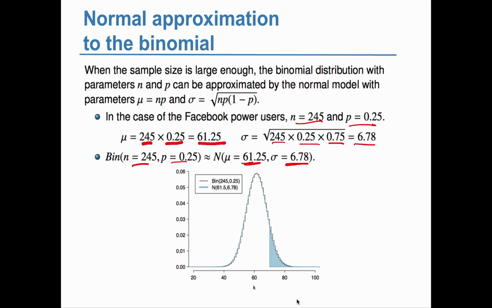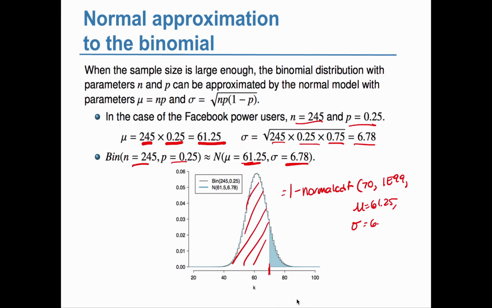So remember that your calculator is going to give you the lower end. So we would need to do 1 minus the normal CDF with upper bound of 70, or a lower bound of 70, an upper bound of 1E99, a mean of 61.25, and a standard deviation of 6.78.